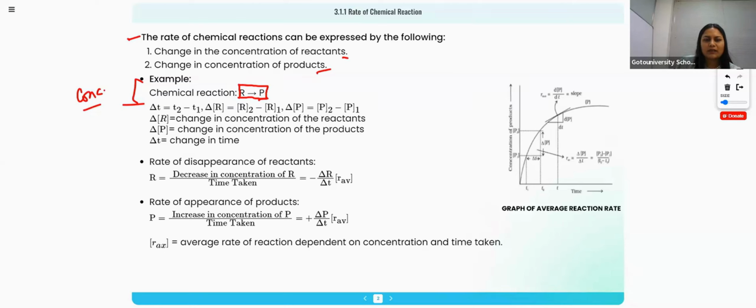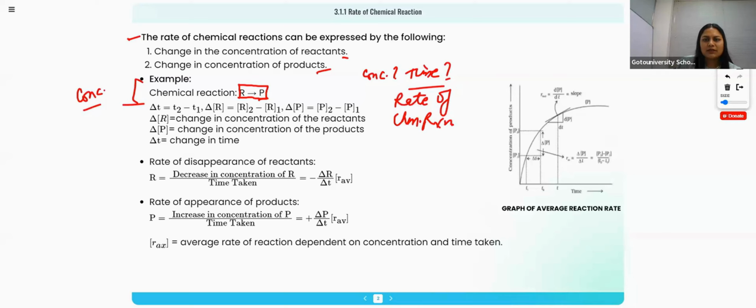How do we calculate the change in concentration in reactants and in products, right? As I have told you, time is the main factor. How much concentration is changing in how much time will determine the rate of chemical reaction.